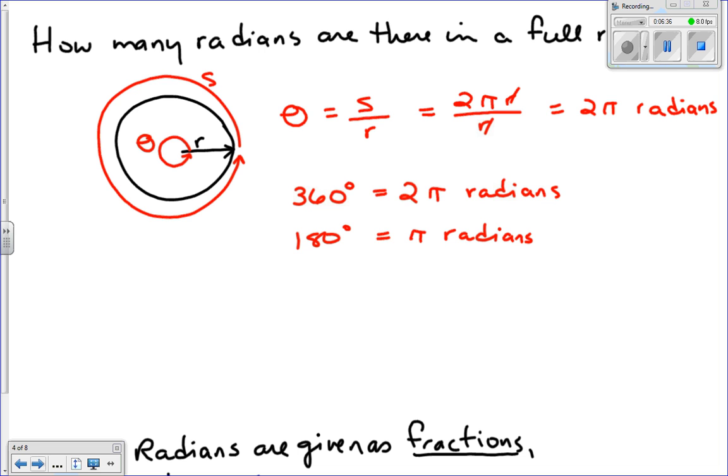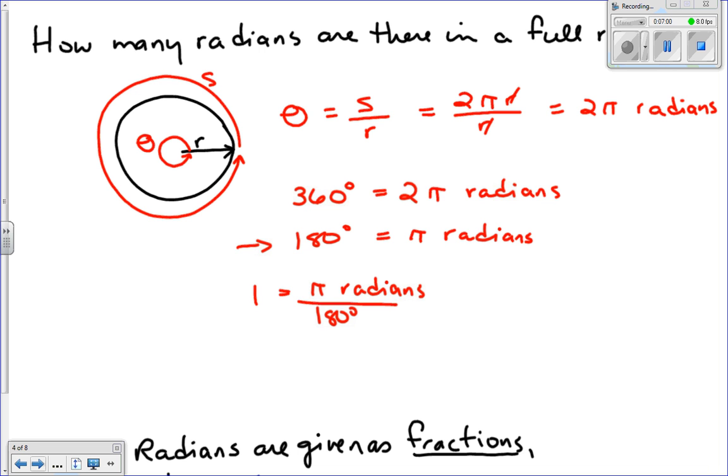It's useful to think of this now in terms of rearranging this so that if I take this final equation here and divide both sides, for instance, by 180, I'll have 1 equals pi radians divided by 180 degrees.